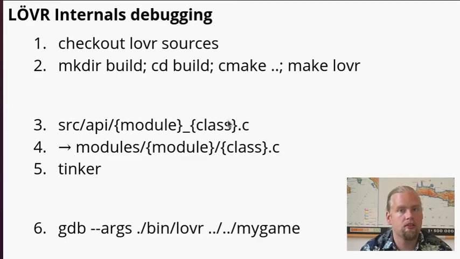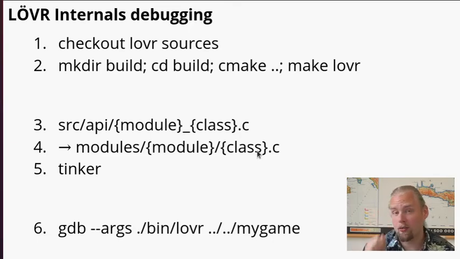So it's really easy to find where the Lua code is wrapped into C. And then those just call into modules. So you can go from there, just go to definition, and you'll find the actual implementation of the thing you're working with. And then you can tinker about and load it into GDB or whatever and try it out.